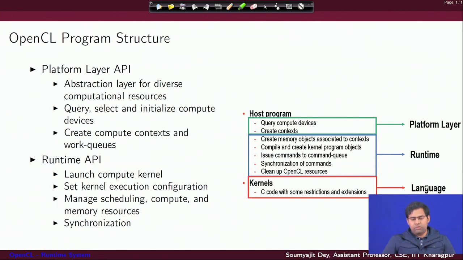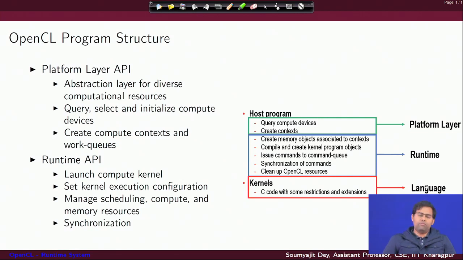Inside the context, you would next create the memory objects associated with the context, and then the next step would be to compile and create the kernel program objects. As you can see, this is also a part of the runtime system, supported by the runtime API, but these are all activities that are to be written in the host program itself.